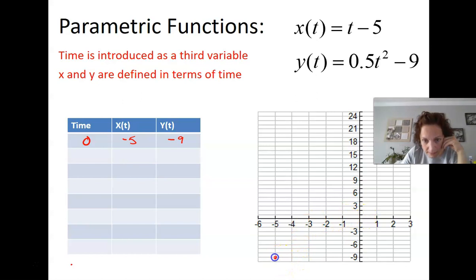So right there. And then I can follow the path of this thing by plugging in more and more times. So 1 minus 5 is going to be negative 4, and then 0.5 minus 9, so negative 8.5. So it hasn't moved a heck of a lot, huh?